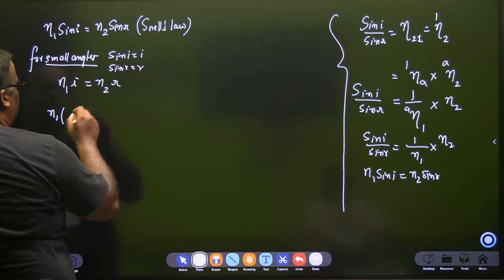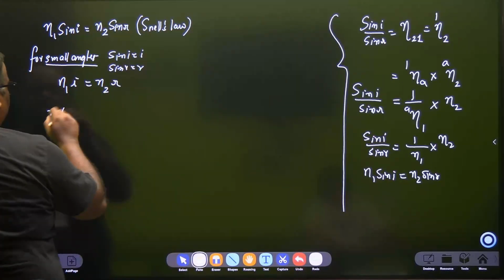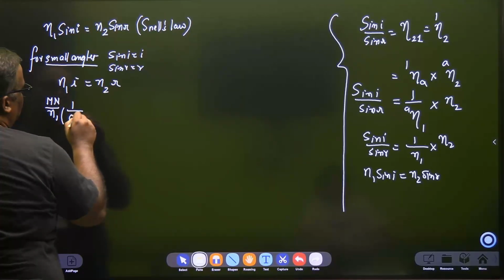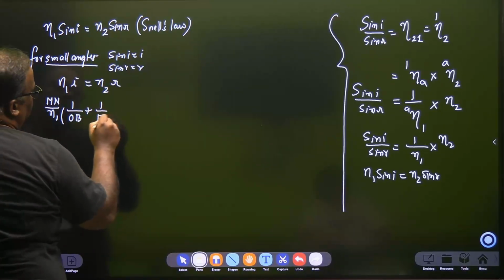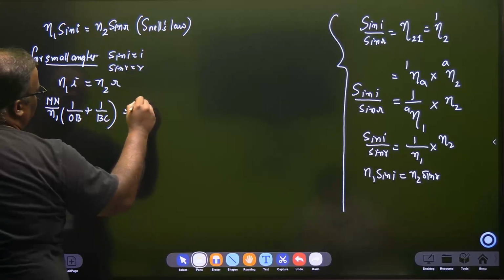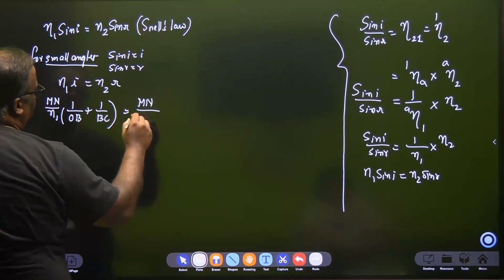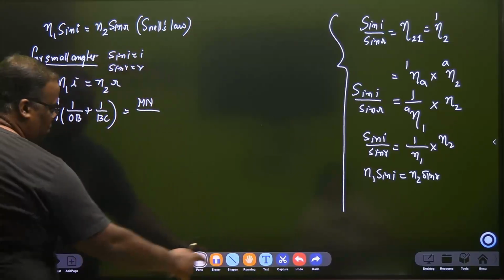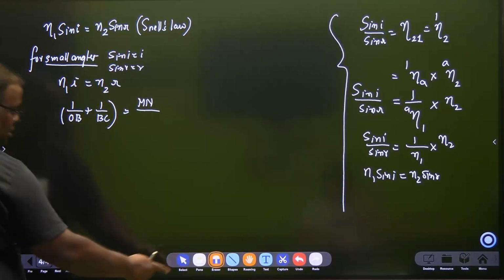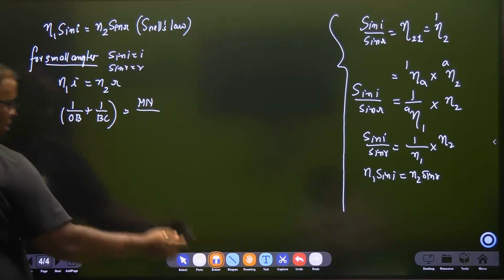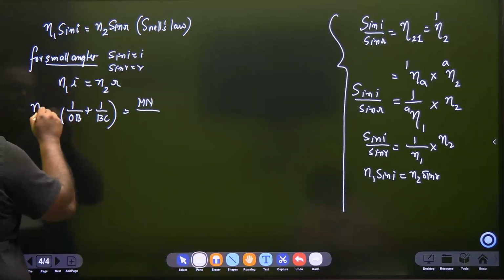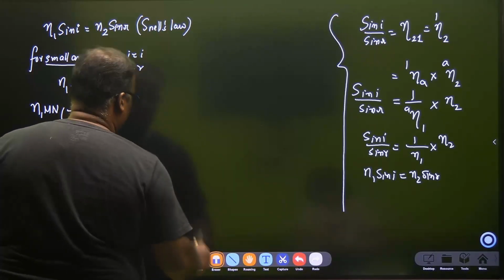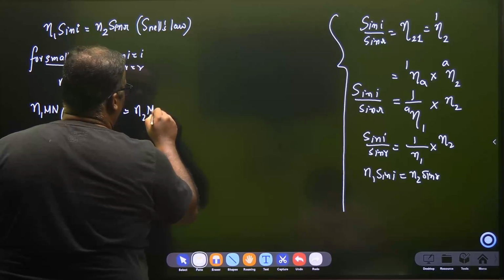So we will take eta 1 Mn common, 1 by OB plus 1 by BC should be equal to, similarly here also Mn can come common, eta 2 Mn.